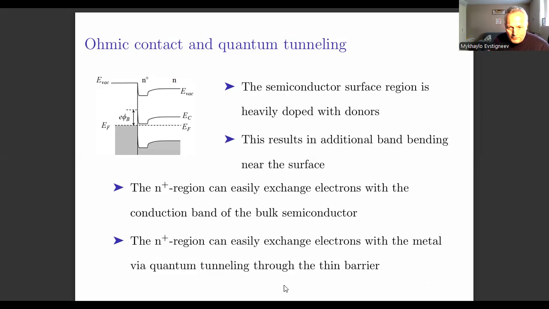And so the band bending here plays very little role. It is like as if the Schottky barrier were not present at all. So now the electrons can easily tunnel through the Schottky barrier between the metal and the heavily doped part of the semiconductor in the interface, making this contact ohmic again, not rectifying, but ohmic again.